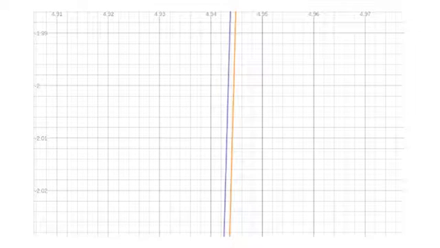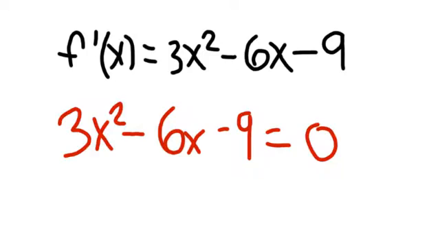So what we did just now is we found the slope of the tangent at x equals 5. Now, another thing that we can do is find the minimum and maximum. We can do this by setting the equation equal to 0. This works because the output of the derivative is equal to the gradient of the tangent, and we know that at the minimum or maximum point, the tangent will be horizontal, and horizontal lines have a slope of 0, or a gradient of 0.